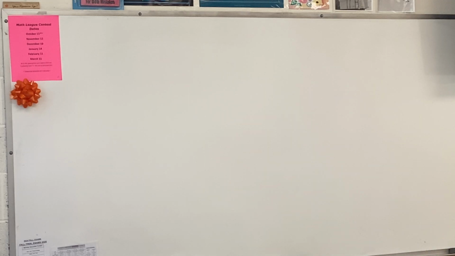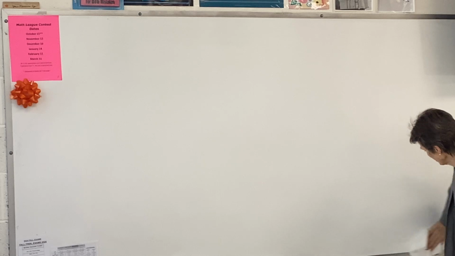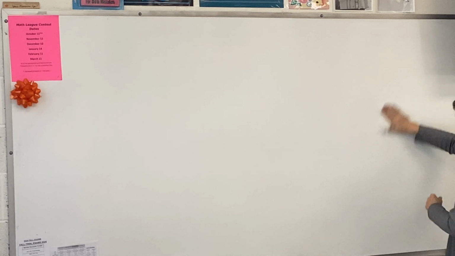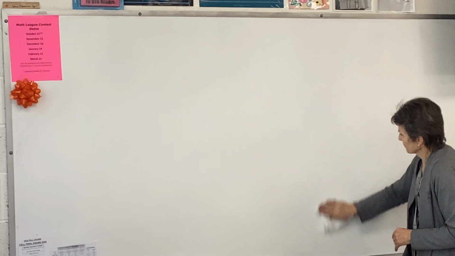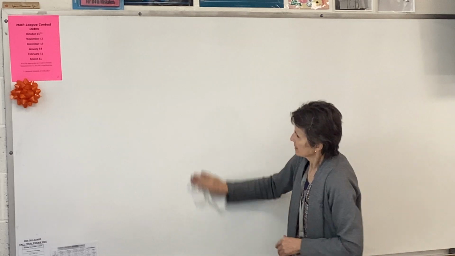You guys done? All right, let's talk about it. Exponential, logarithmic, what did you think about number 1? Exponential. Because why? If you had to explain that, what would you say? The x's are being added and the y's are being multiplied.